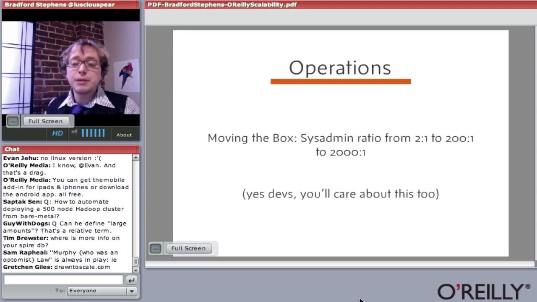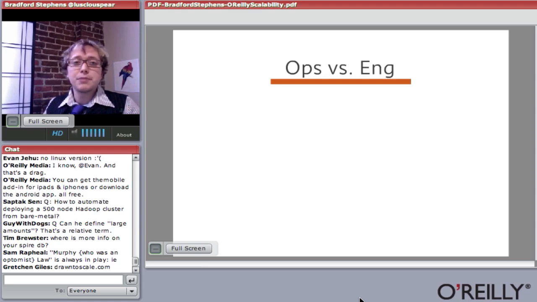And developers, this will be part of your life too. You'll notice pretty quickly that if you are developing large systems, you'll be working really closely with the operations guys, because, whether it's bugs in your code or bugs in deployment, mistakes have much larger impacts.